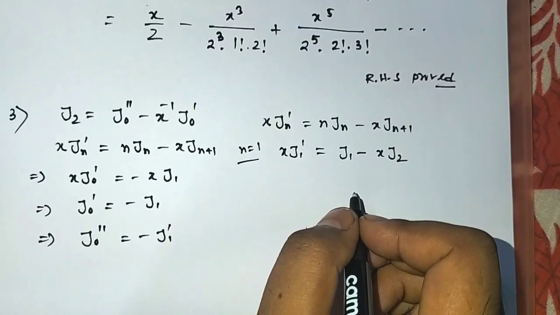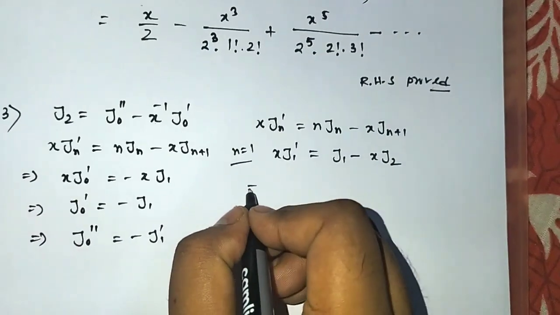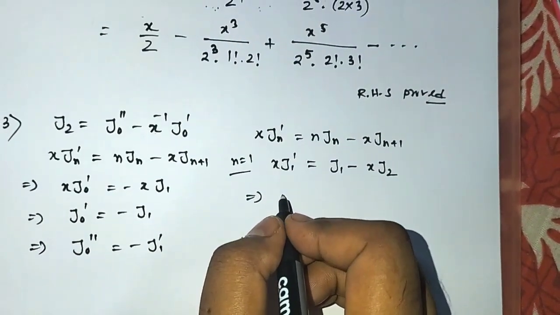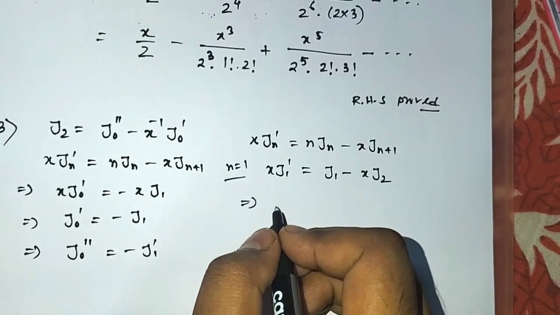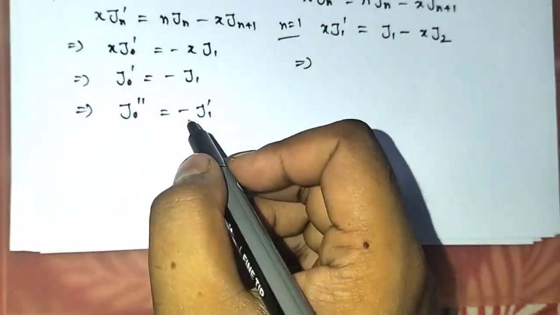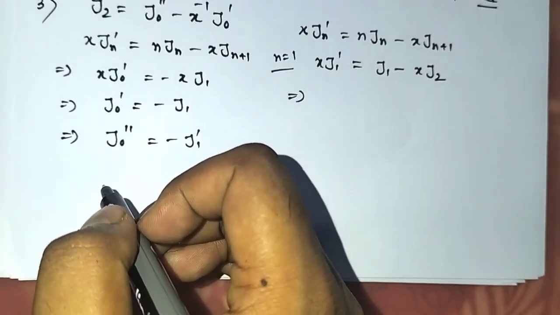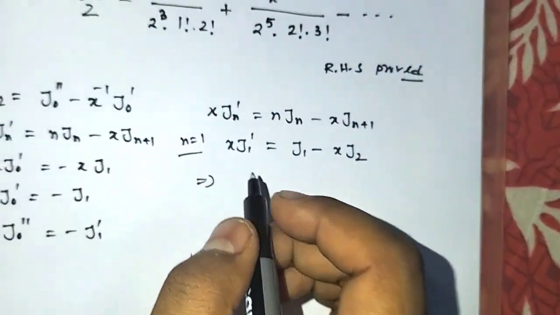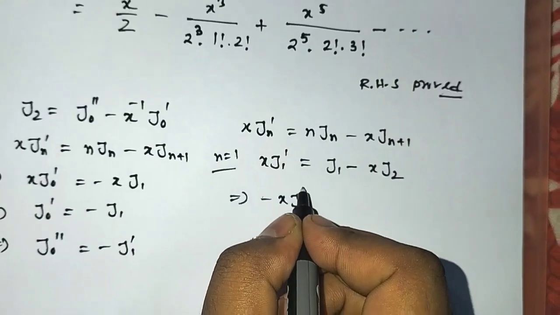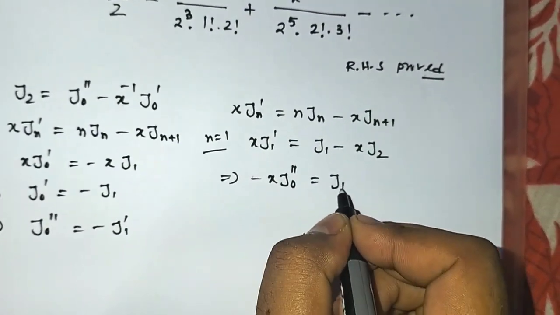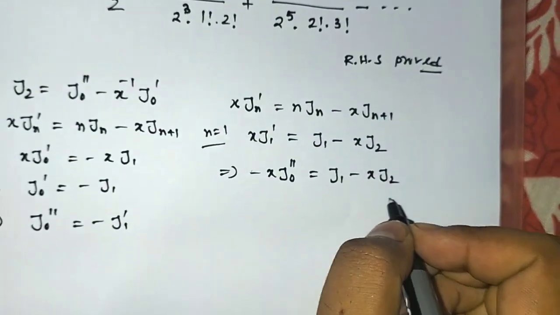Clear? And from here you can write x J1', and you all know that J1 equals minus J0', so J1' equals minus J0''. Here already I have proved. So substitute the value: minus x J0'' equals J1 minus x J2.